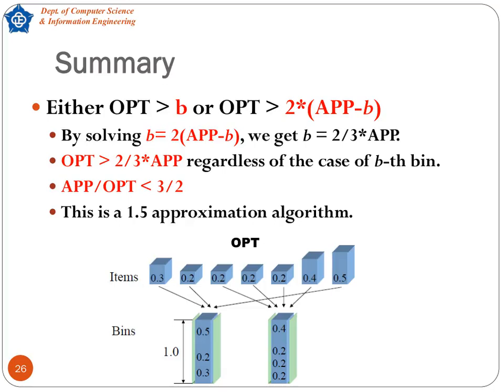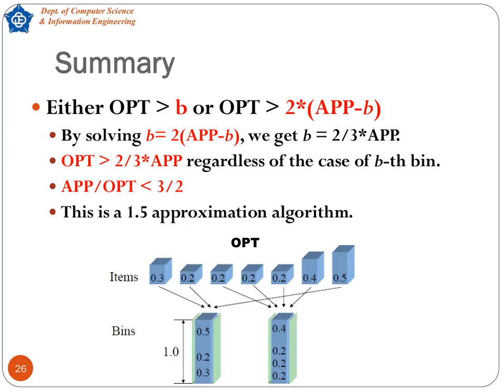Now let's turn our attention to the diagram at the bottom, which illustrates a practical example of bin packing in action. Here, we observe 6 items with various sizes: 0.3, 0.2, 0.2, another 0.2, 0.4, and 0.5. Notice how these items are efficiently distributed into 2 bins, each with a total capacity of 1.0.